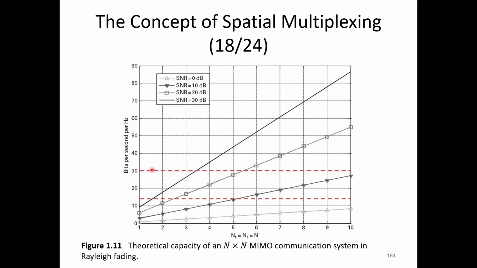We can see that between these two red lines, the number of antennas is from 2 to 10. So we just need a reasonable number of antennas to obtain the high bits per second per hertz, that is, the high theoretical capacity.